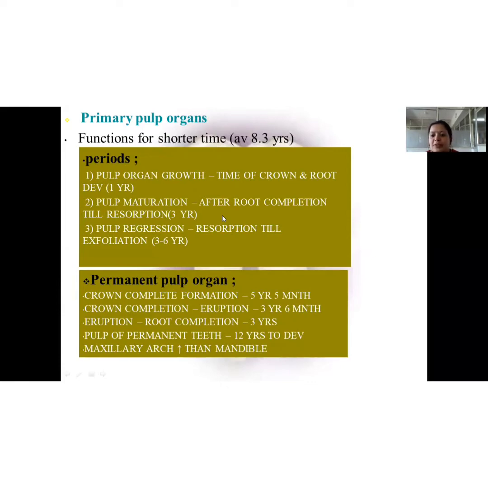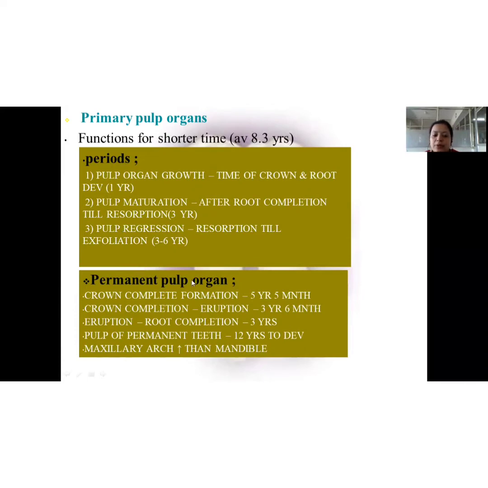After root completion till resorption, the pulp is getting mature, with increased vascularity and cellularity, more differentiated cellularity and a well-developed vascular supply. Now, pulp regression is from resorption till exfoliation. So basically, there are three stages of the primary pulp organ: pulp organ growth, pulp maturation, and then regression.